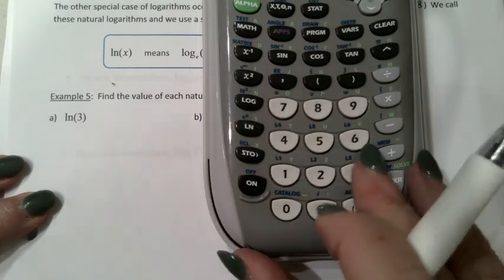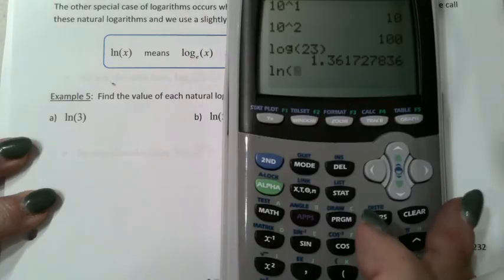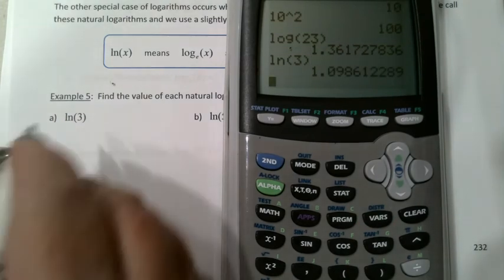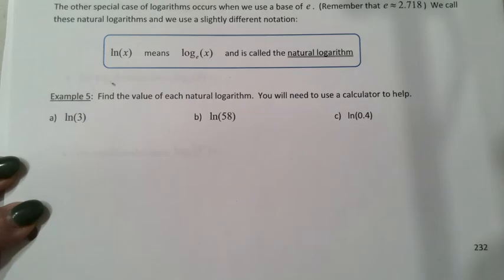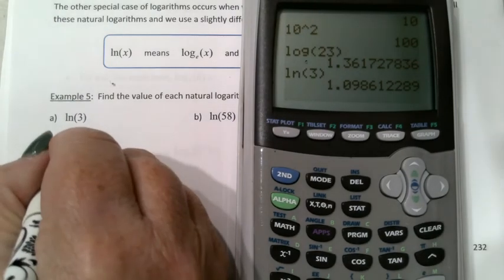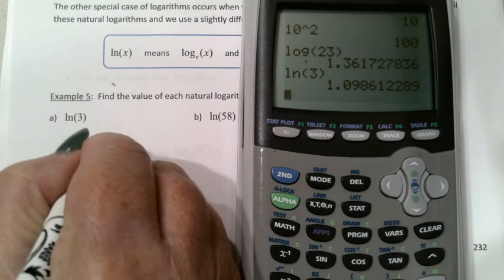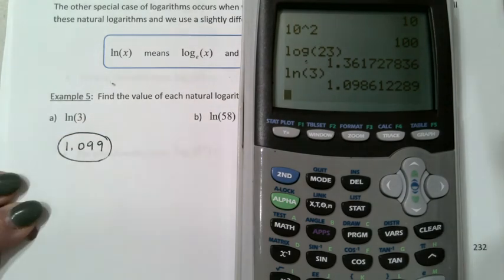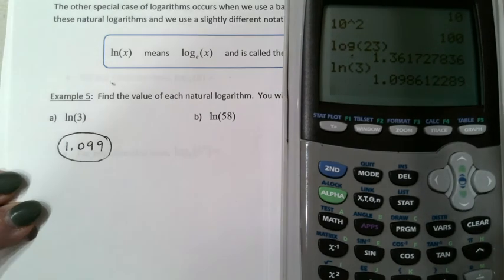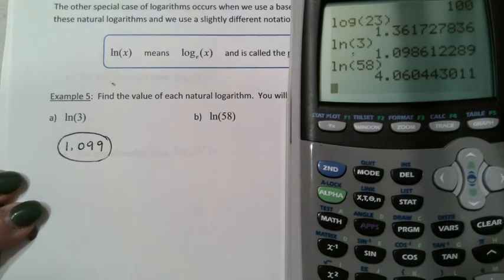So if I want the natural log of 3, it's about, did it tell me what to round to? I'm going to go 3 decimal places. 1.099. And the natural log of 58 is about 4.060.